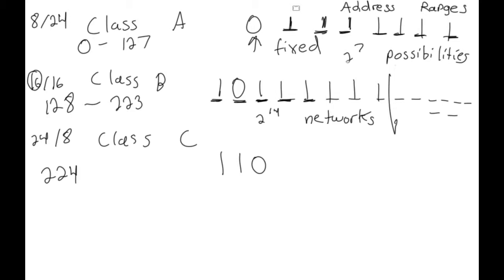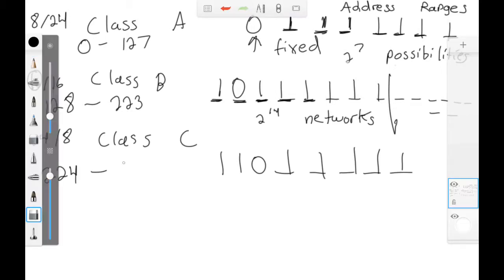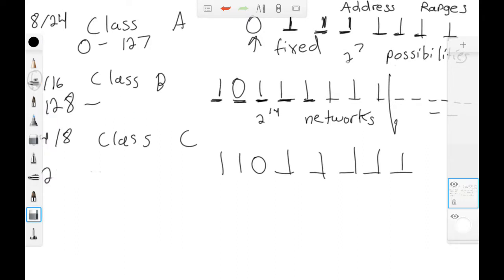Class B and E are not as common, so I won't talk about them very much, but this goes from 224 all the way to, let's see, this number in binary, which in this case, that number is, oh, whoops, I did the wrong calculation. Sorry about that, guys.